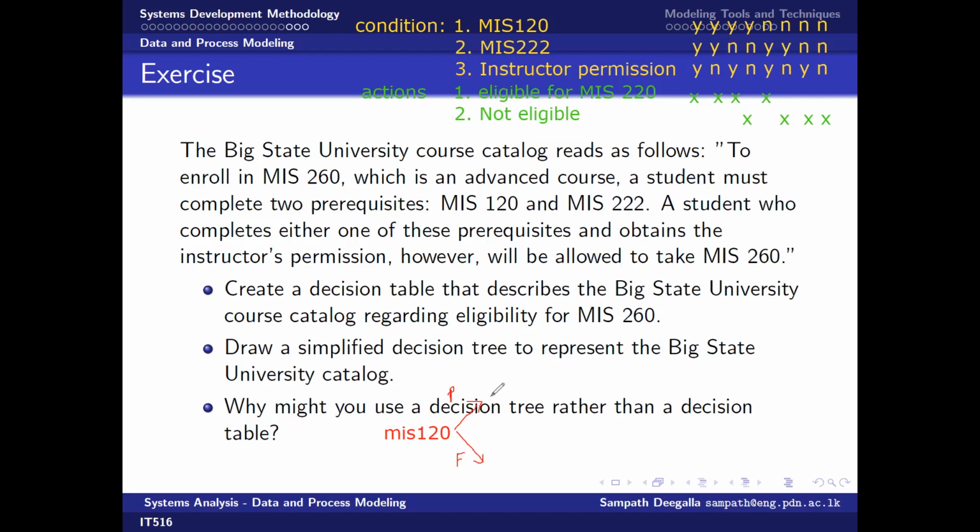And then you will have MIS 222. So you have to have MIS 222. Then again, you will have pass and fail.